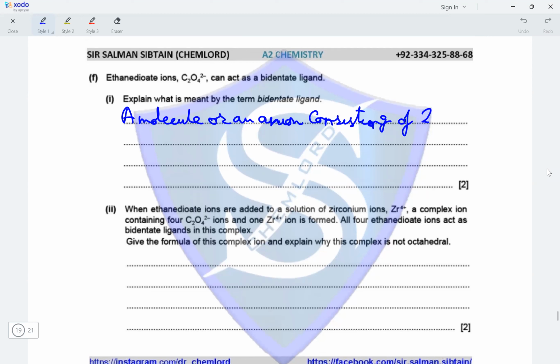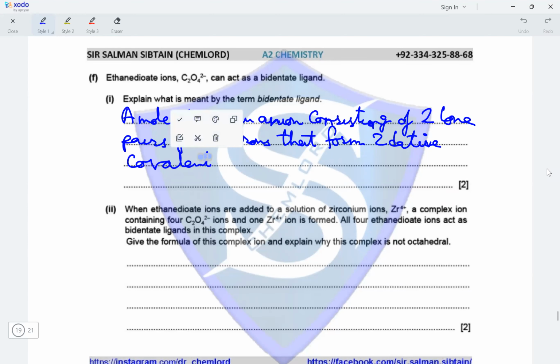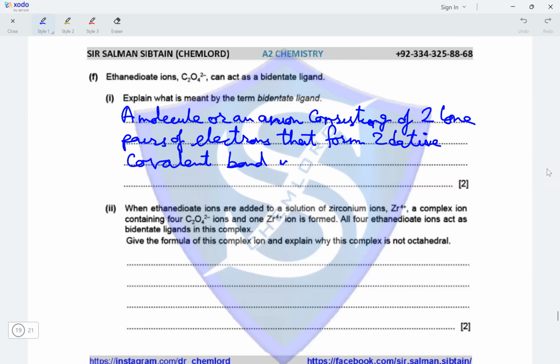of two lone pairs of electrons that form two dative covalent bonds with the central transition metal ion.